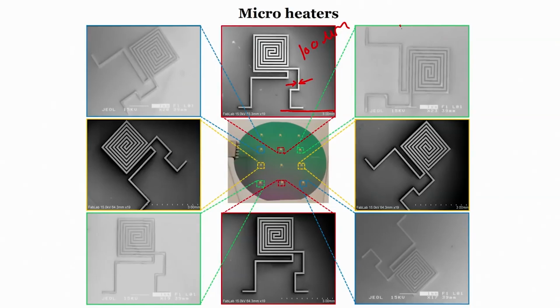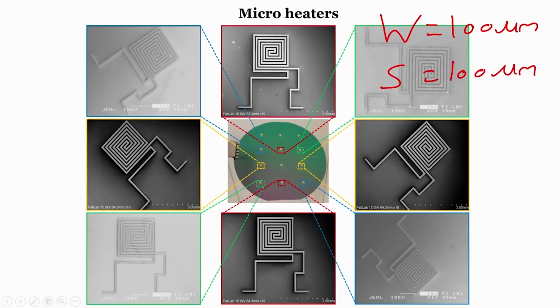So, width is 100 micrometers, spacing 100 micrometers. And if you see this particular image, this is a silicon wafer, an oxidized silicon wafer.